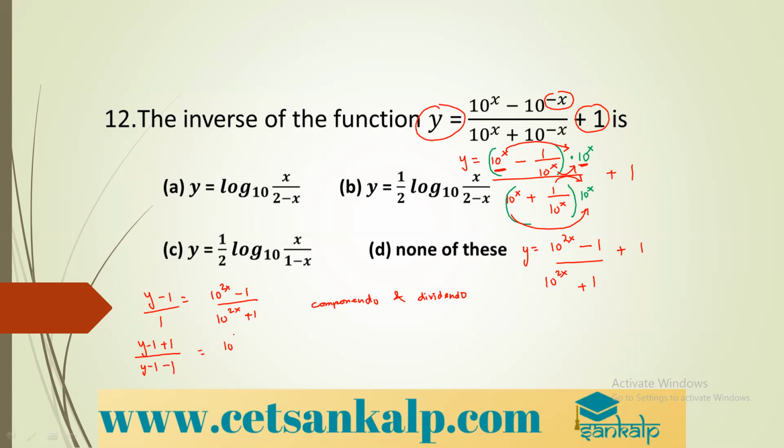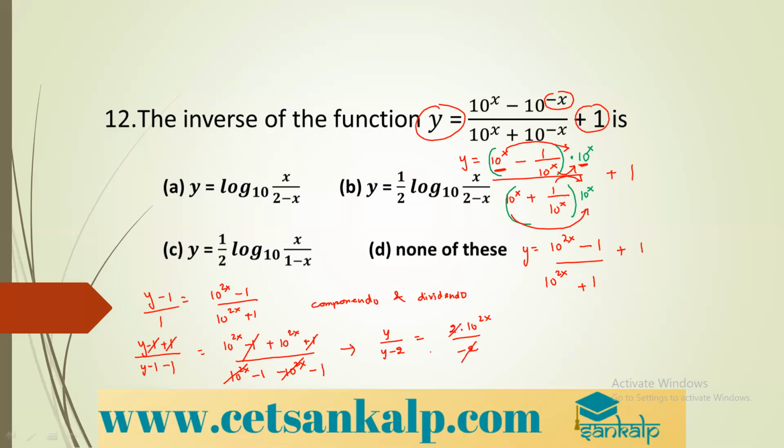Similarly, this side also, numerator plus denominator by numerator minus denominator, means it will become minus 10 power 2x and minus 1. So what will happen is minus 1 and 1 will cancel. You will have y by y minus 2 equal to, here minus 1 and 1 will cancel. You will have 2 times 10 power 2x by, here 10 power 2x cancel, minus 2 you will have.